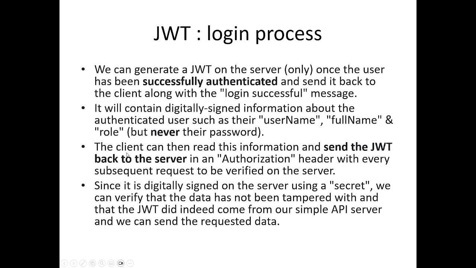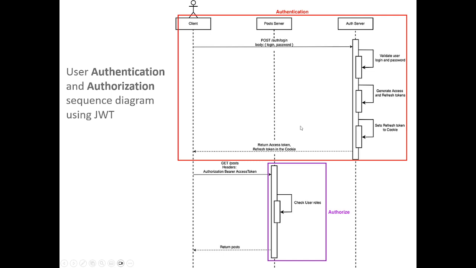Then the client can read this information and send the JWT back to the server to show that, oh, I am an authorized user, let me in, right? Since it's digitally signed on the server using a secret, we can verify that the data has not been tampered with, and nobody tried to forge and sell us a stolen kind of token to access their data.